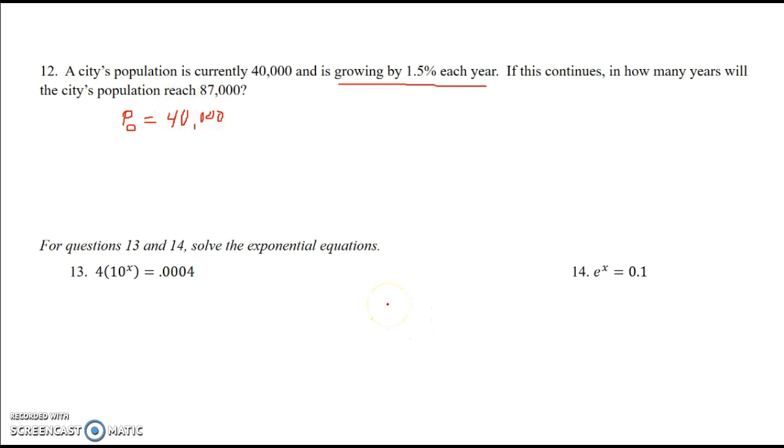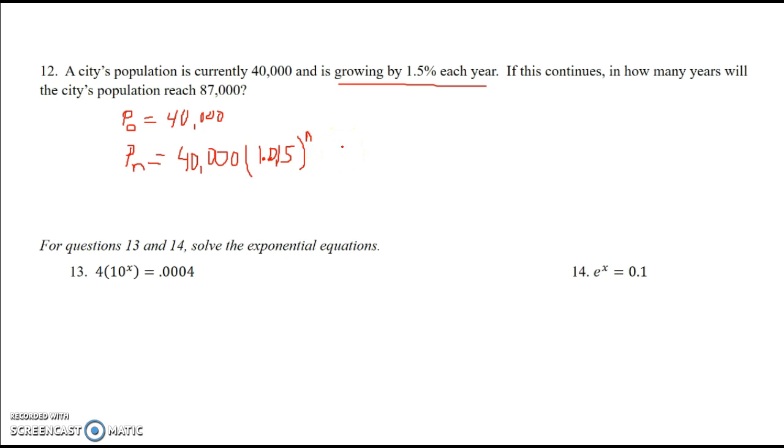And so I can create the explicit formula. P sub n is equal to 40,000 times 1.015 raised to the n.